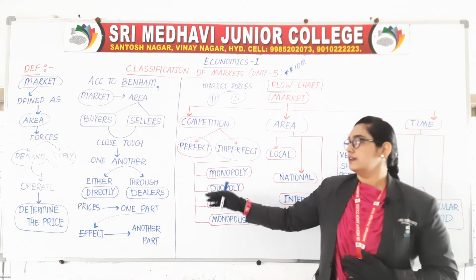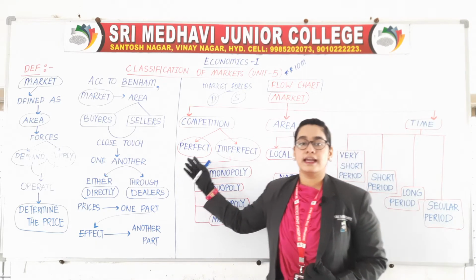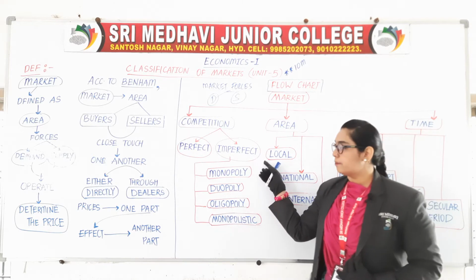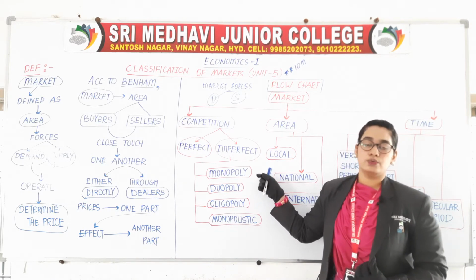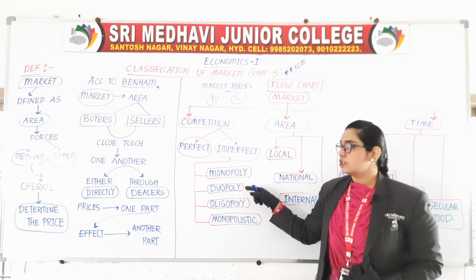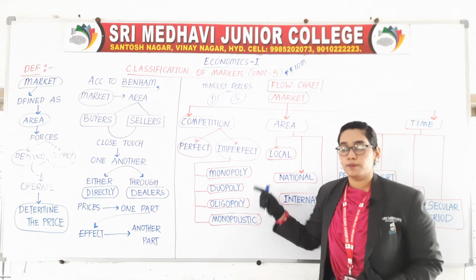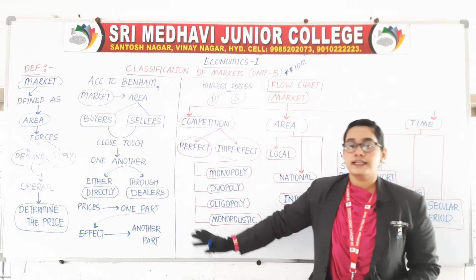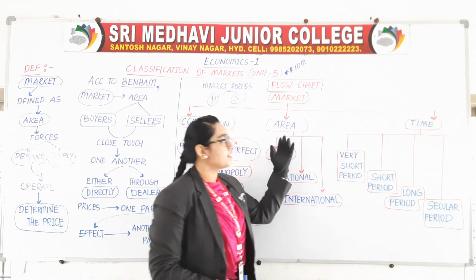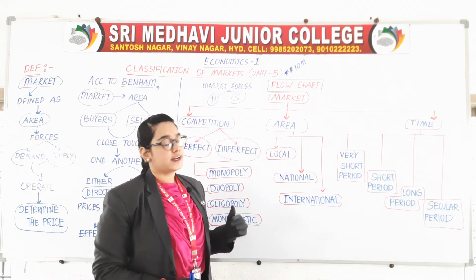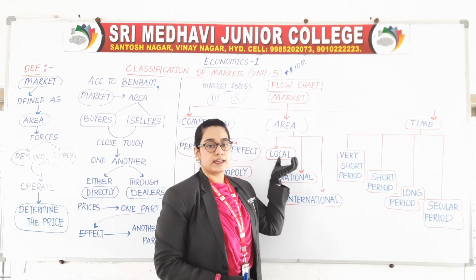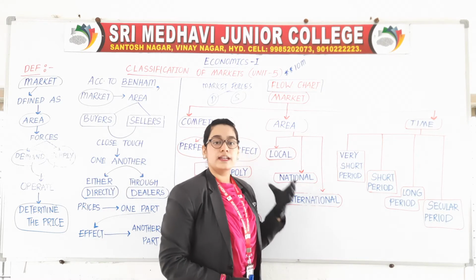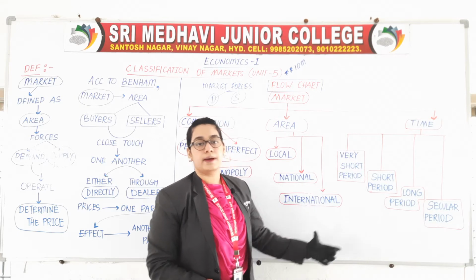So totally, markets are classified into three types: based on competition, based on area, and based on time. Here it is divided into perfect and imperfect. Imperfect is further divided into monopoly, duopoly, oligopoly, and monopolistic competition. Is that clear? Now based on area, it is classified into local market, national market, and international market.